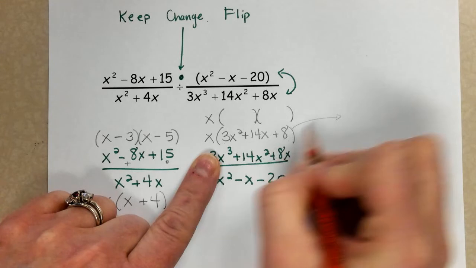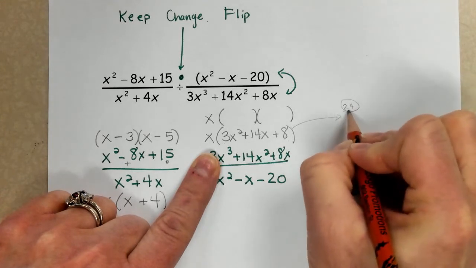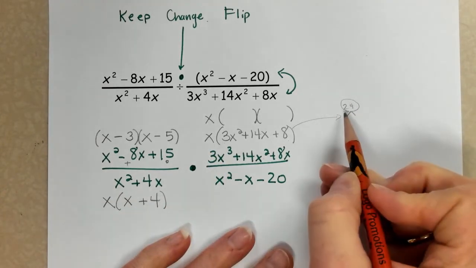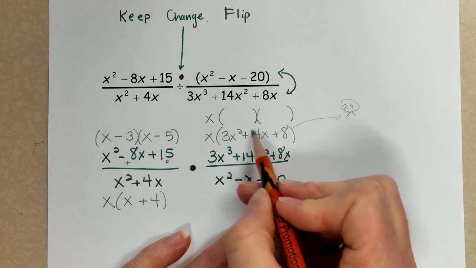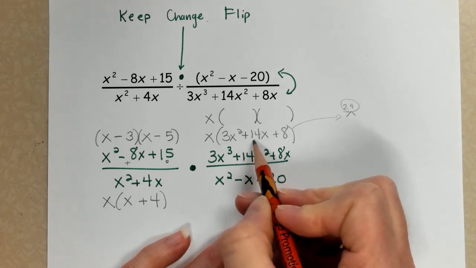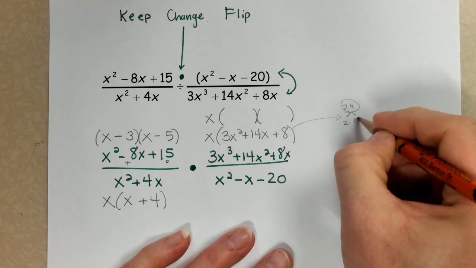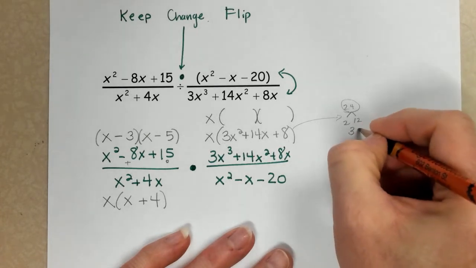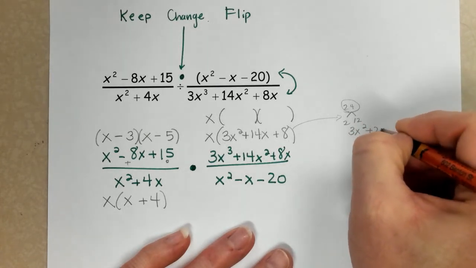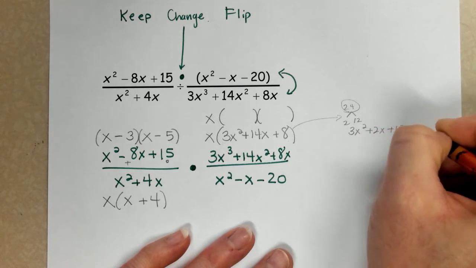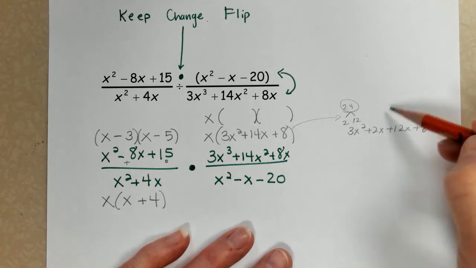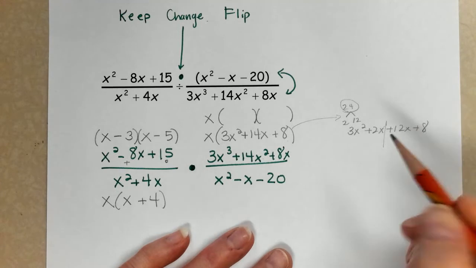So a times c is 24. The pair of numbers that can multiply to 24 and add to 14 are a 2 and a 12. So 3x squared plus 2x plus 12x plus 8 if I uncombine the like terms and split it down the middle.